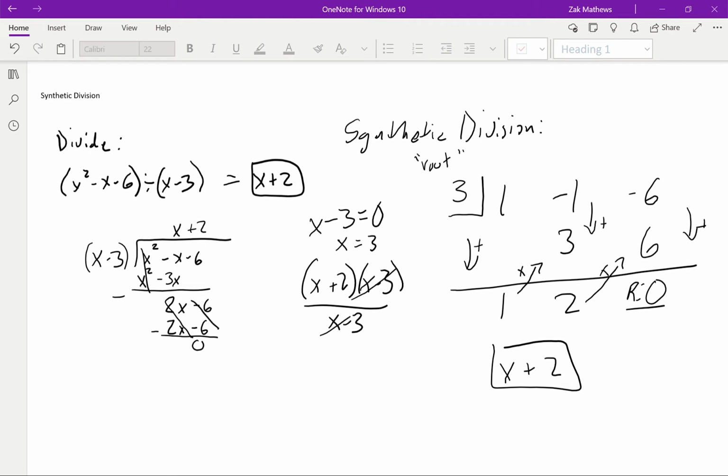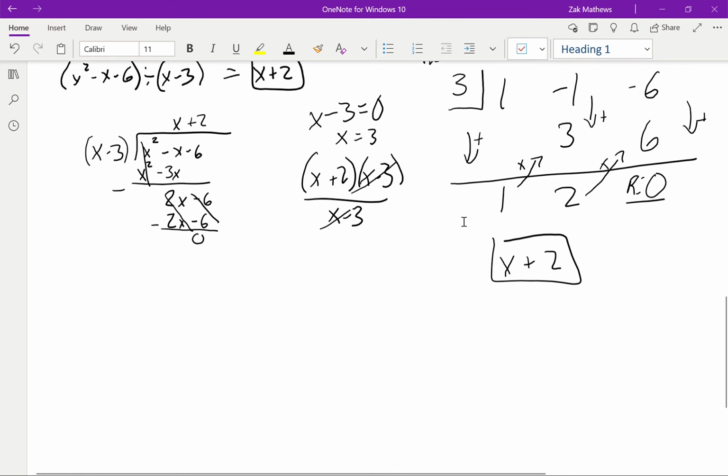Now, why do I put in these little quotes? Because if it doesn't divide into it evenly, well, then it's not really a root. It's almost like we're trying to check if something is a root. Long term, that's exactly where we're headed with this. By dividing these polynomials, we can check to see if something is a root. So we are taking that denominator and we're switching the sign to get what we are dividing by.